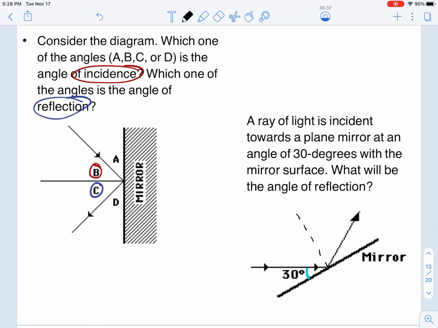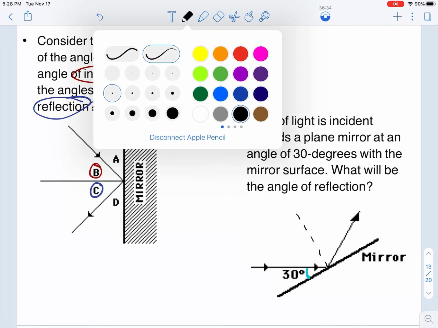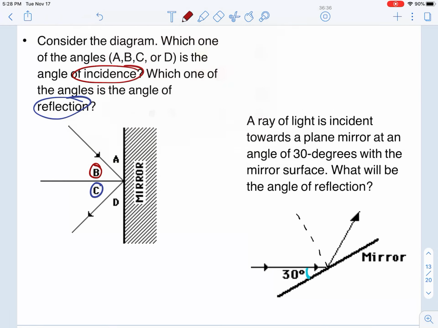Remember that our angles need to be measured from that line that is perpendicular to our reflective surface. So my incident angle needs to be this angle measurement here. So if the normal line is perpendicular, that would be a 90-degree angle, right? So this collectively is going to be a 90-degree angle.